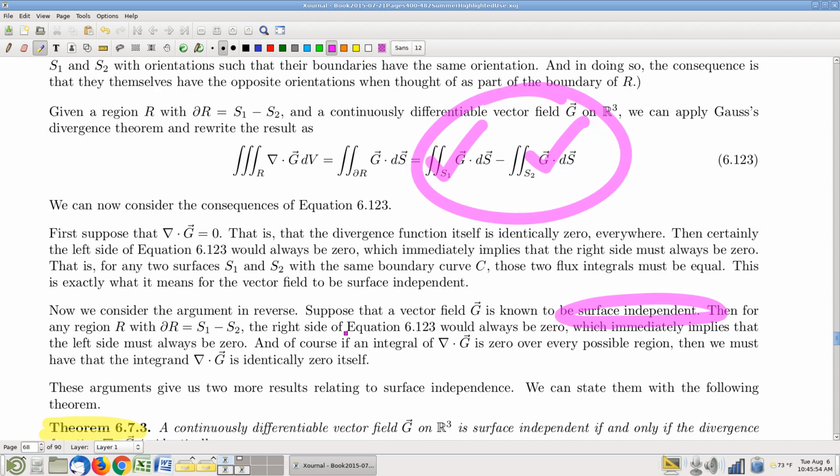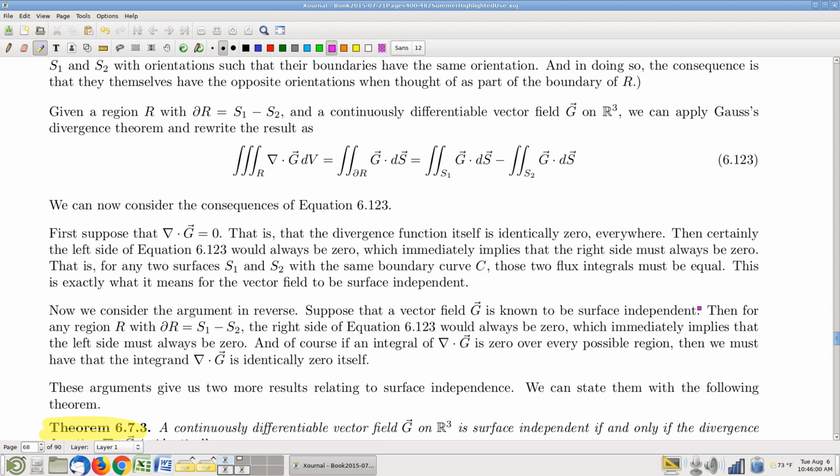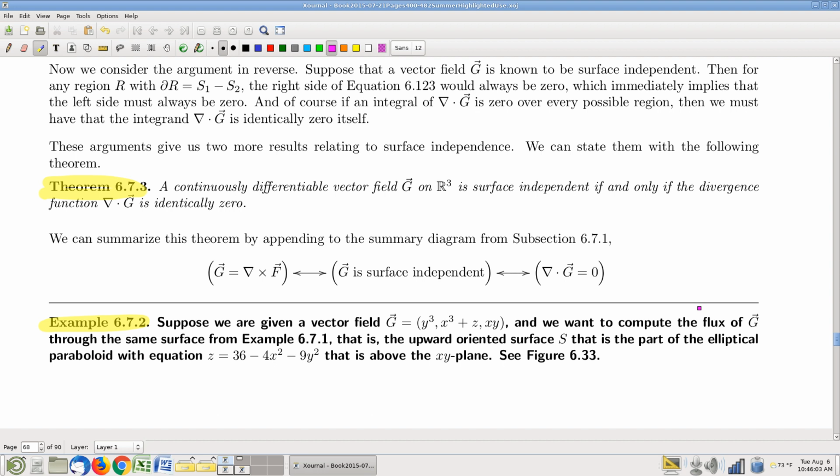Okay, let me just spike the football here. We saw originally that curls were surface independent and vice versa. Now we see that surface independent fields have divergence equal to 0. This is algebraically just a total rip-off of what we have from the previous section.